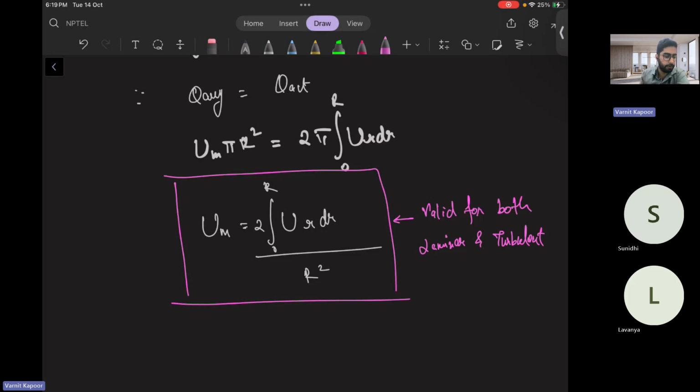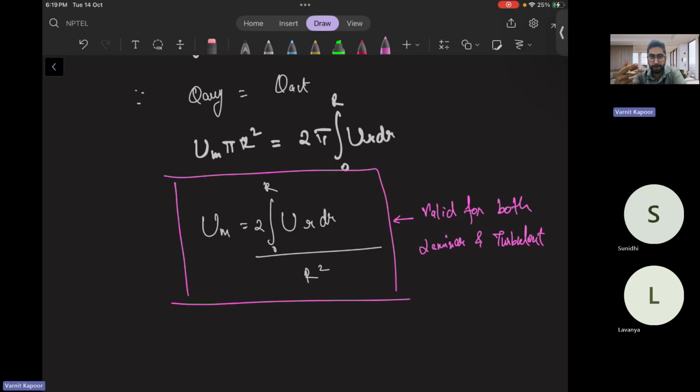Either it's a turbulent flow or a laminar flow, it doesn't matter, because for both the discharge will be the same, and continuity needs to be satisfied. Every velocity distribution should satisfy the continuity equation. So the u mean concept is only valid for discharge calculation and not for kinetic energy or momentum calculations.